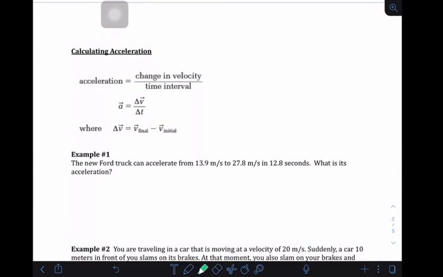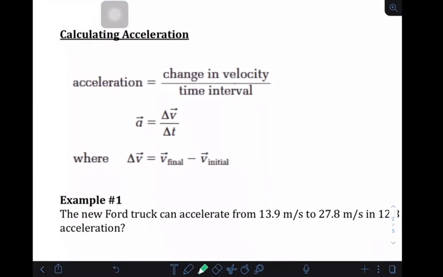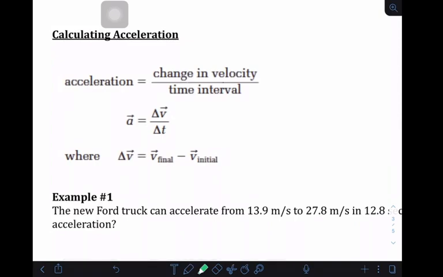We have a formula that we use to calculate acceleration of an object. We take the change in velocity and divide that by the time that change takes.